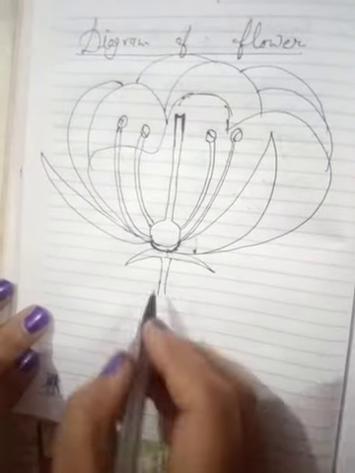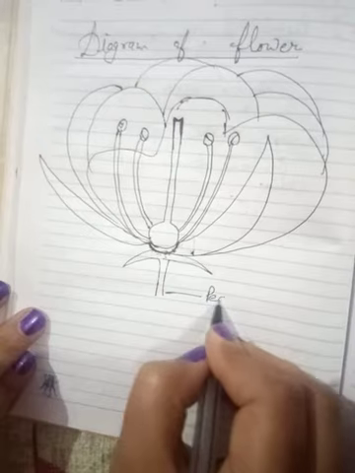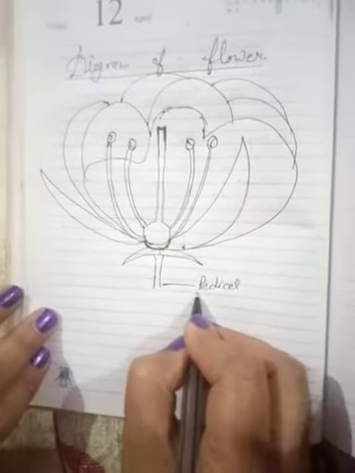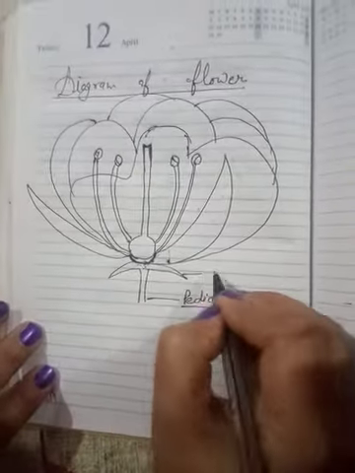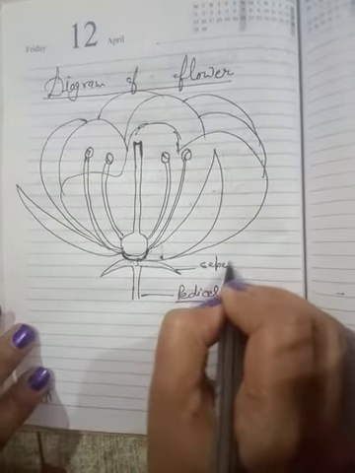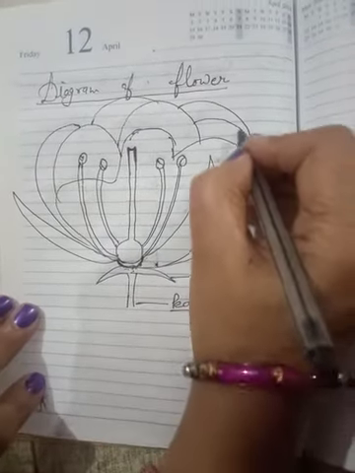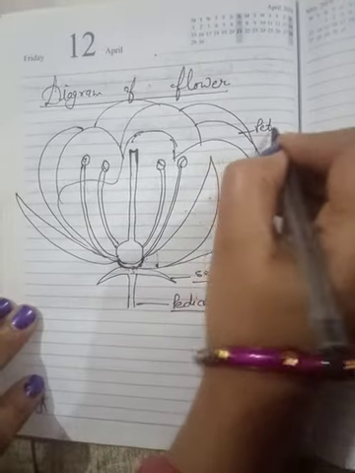Like this. This is pedicel. These are sepals. These are petals.